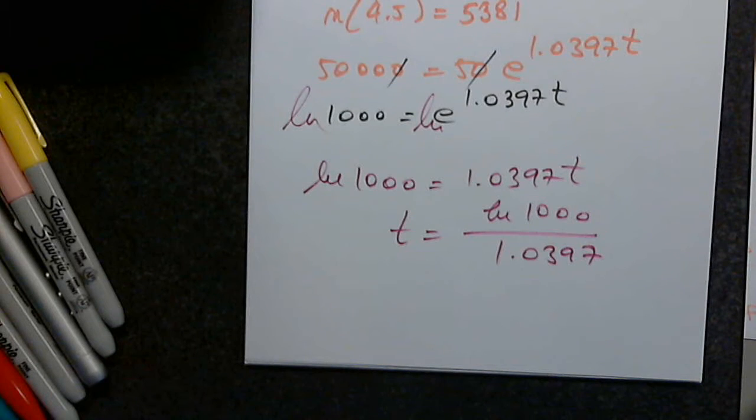Since in 6 hours it got to 25,000, I expect more than 6 hours. So natural log of 1,000 divided by 1.0397. Okay, 6.64 hours.